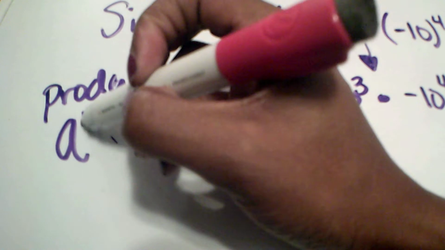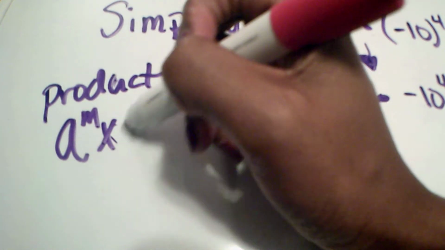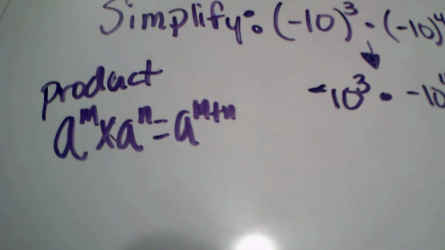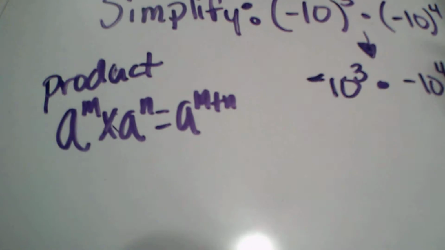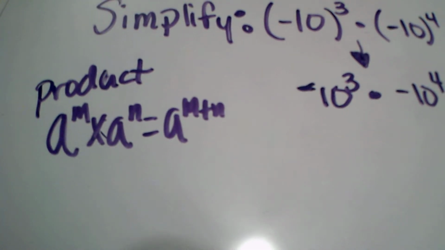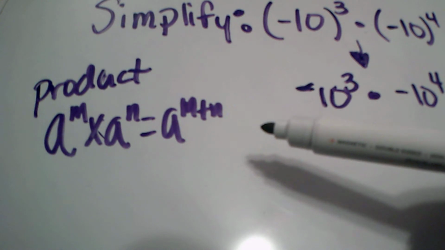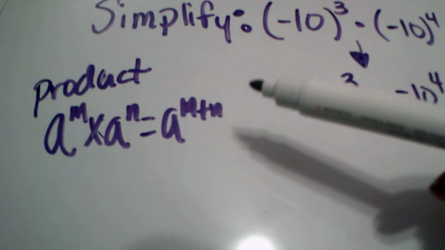A to the M times A to the N equals A to the M plus N. When we have two exponents with the same base, and you're multiplying, you want to add the powers.